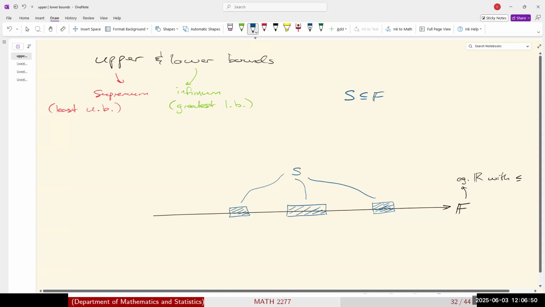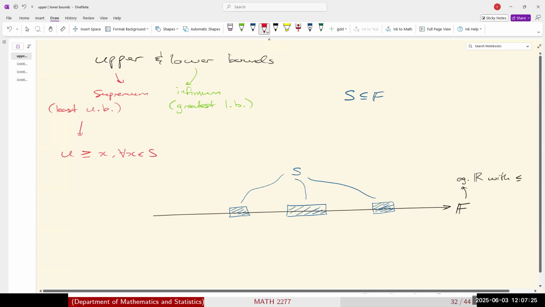The idea of an upper bound for S: upper bound means that you are looking for an element, or elements, I should say, because for upper bound, there are many of them. You're looking for elements U such that these elements, since it's an upper bound, upper means it's bigger than, are greater than or equal to every element in the set S. So bigger than or equal to x for all x belonging to the set.